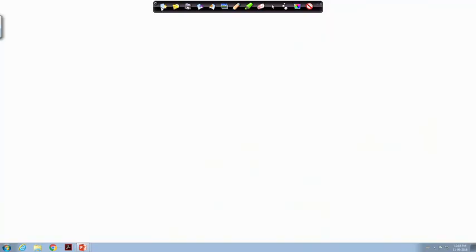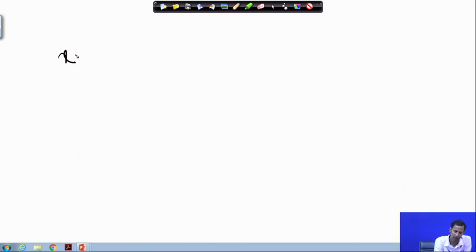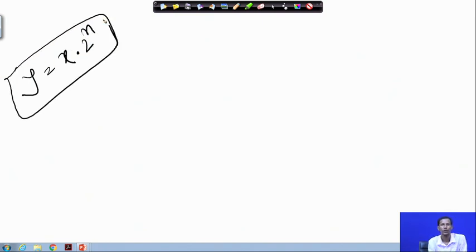The next circuit which I want to implement is, let us consider, a function which will give me x into 2 to the power of n. We have to implement this kind of function.